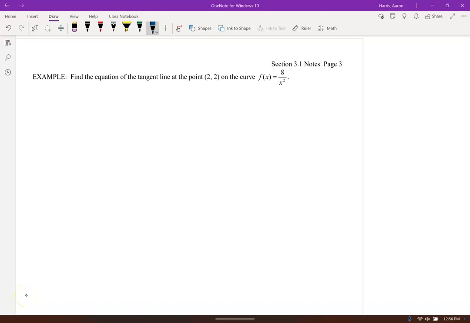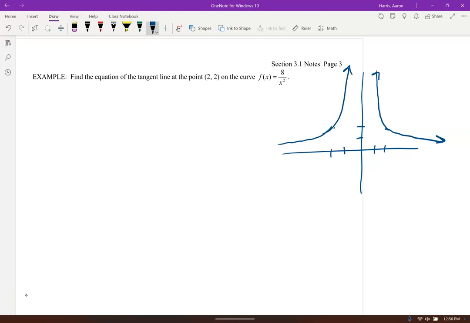All right, let's take a look at this next one. I'll try and give you a visual again. Here's 8 over x squared. Let me see if I can get kind of like this. You've got the vertical asymptote, x equals 0. Got a horizontal asymptote, y equals 0.